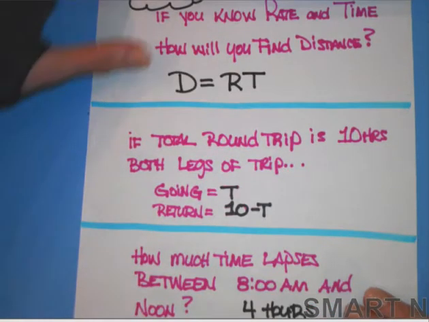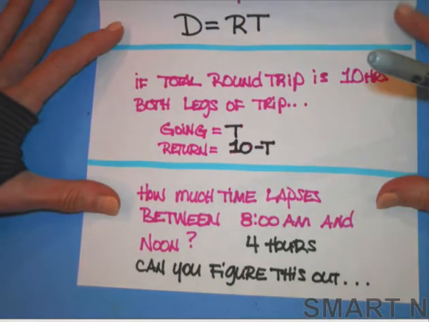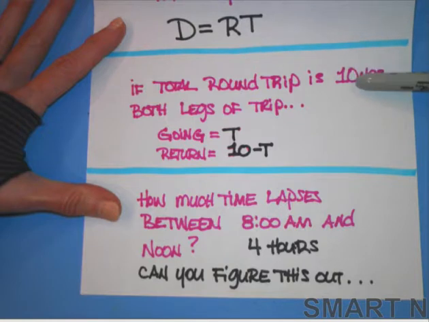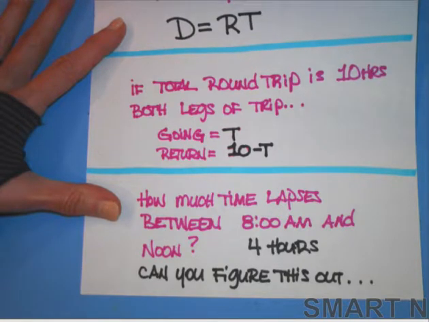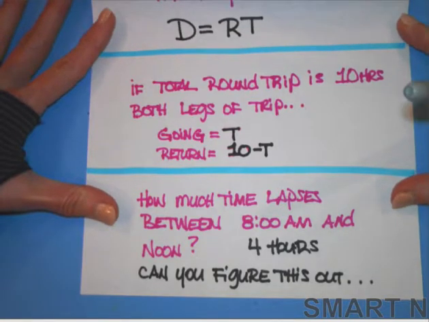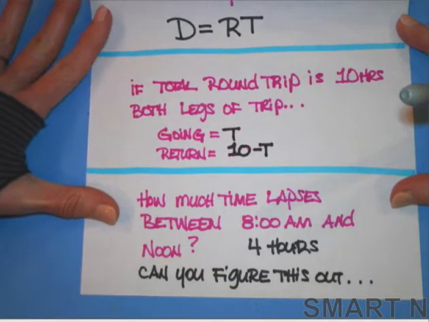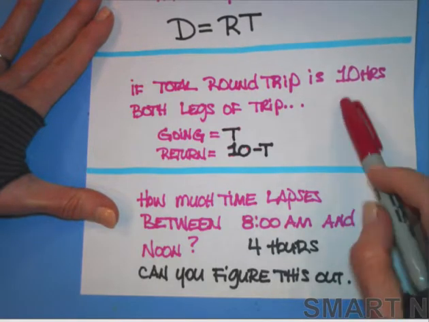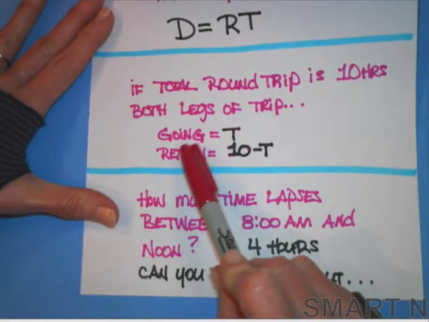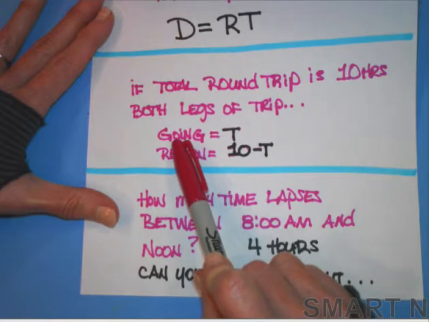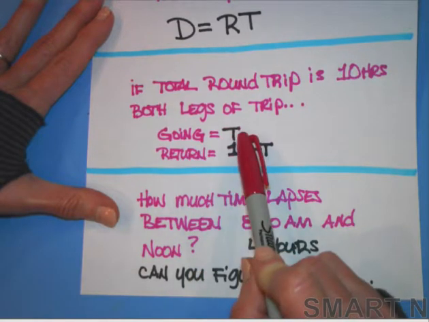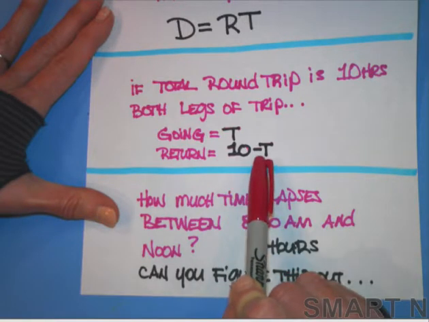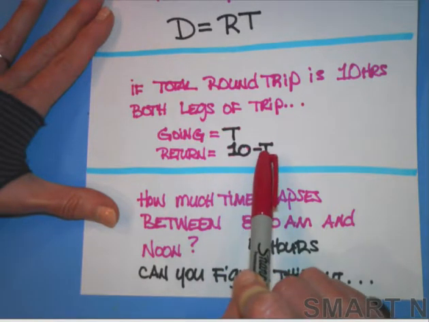Second thing that you might need to understand, in a round trip problem, if the problem tells you that the entire trip, and I'm just going to use a hypothetical, 10 hours. If the problem tells you that the entire trip was a 10-hour trip, and that's the only information that they provide, then the way that you would set this up with your time, one leg of the trip would be the variable t, and then the return portion of the trip would be 10 minus t, or the total trip time minus the variable t.